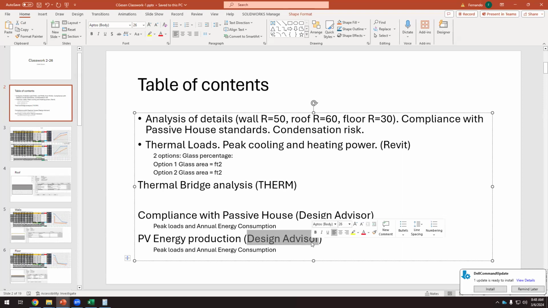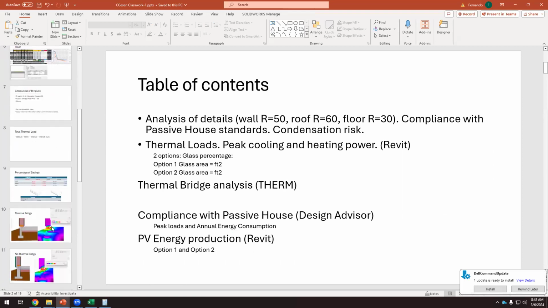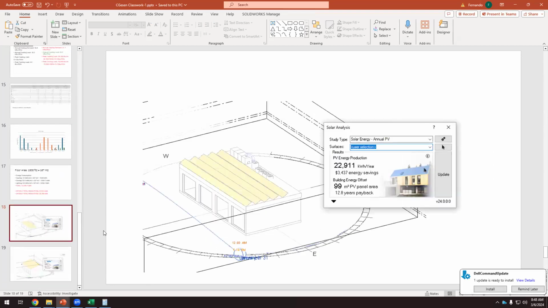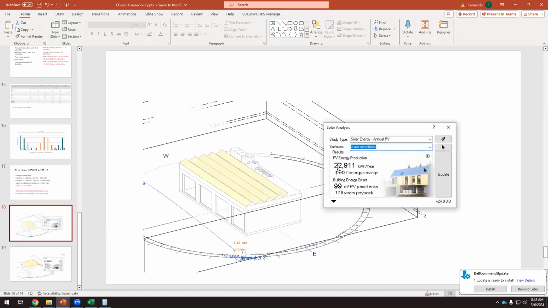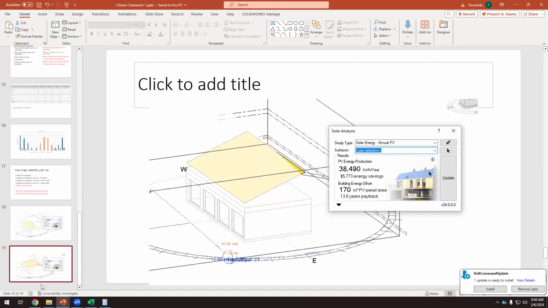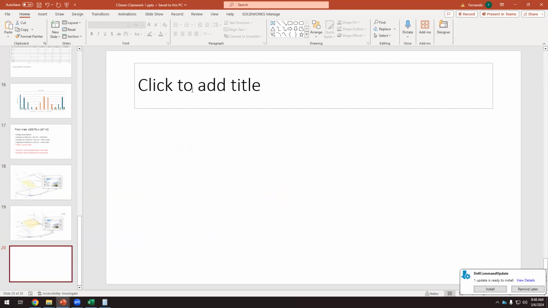And what are we using? Revit. And with this one, we have option 1 and option 2. So what is the conclusion of this? Well, now we have 22,000 kilowatt hour per year, and here we have 38,000 kilowatt hour per year. So what are the conclusions of this?